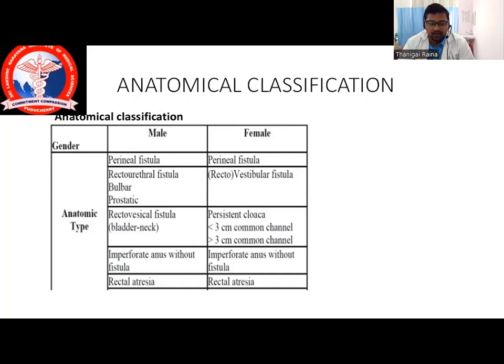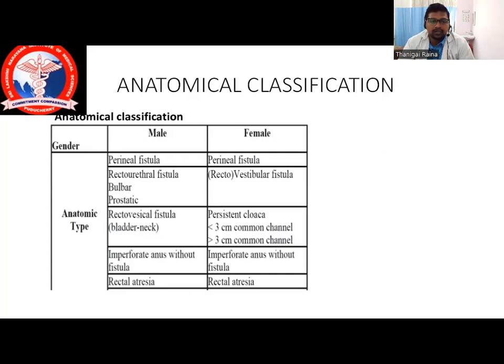Here, persistent cloaca, that is less than 3 centimeters of the common channel or more than 3 centimeters. The common channel indicates that the rectum and the urethra combine, that is, there is a connection between the rectum and the urethra. That pathway is called the common channel.